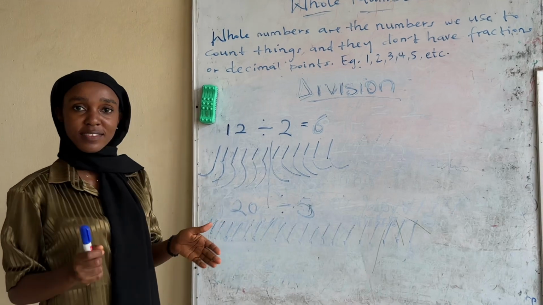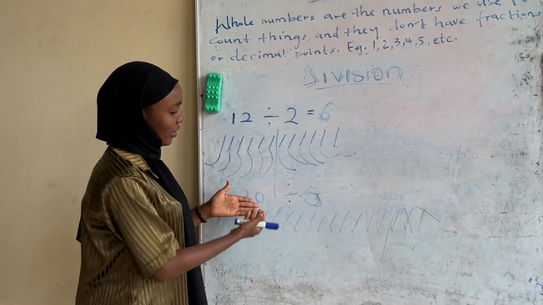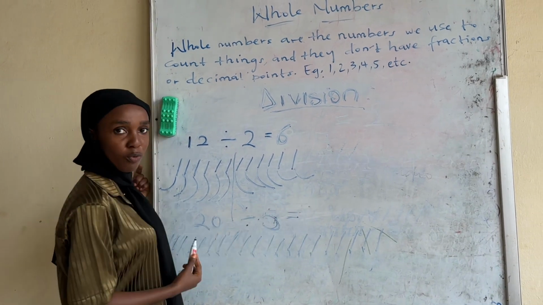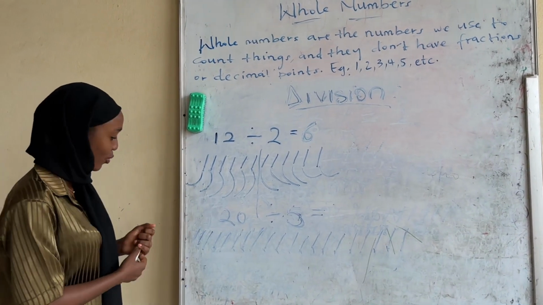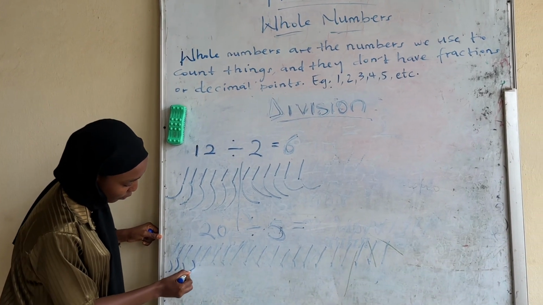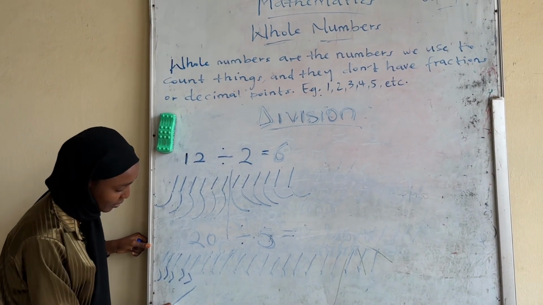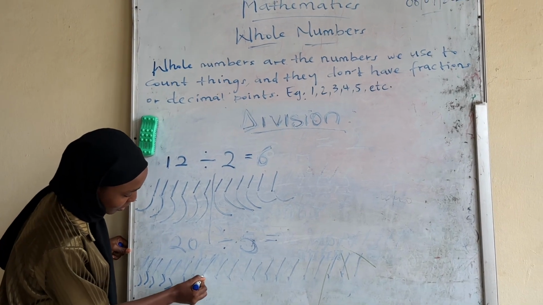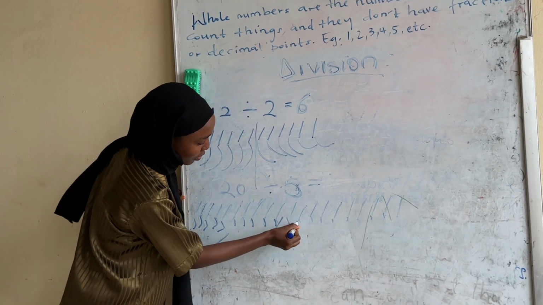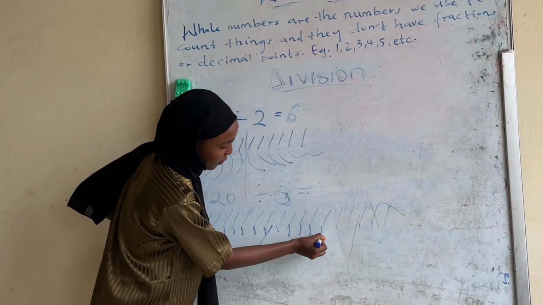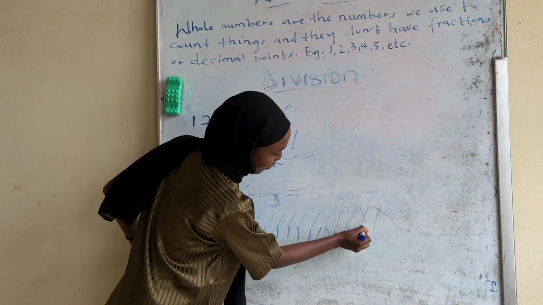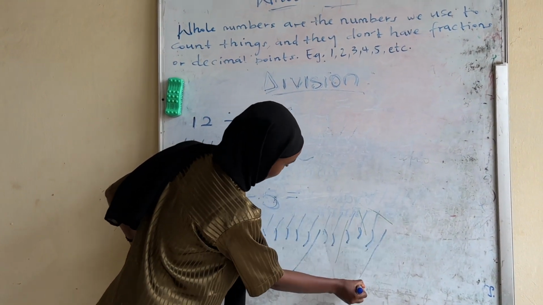Our next example is 20 divided by 5. So we want to know how many strokes 5 people would get from the 20 strokes. Let's count. 1, 2, 3, 4, 5 for one person. 1, 2, 3, 4, 5 for two persons. 1, 2, 3, 4, 5 for the third person. 1, 2, 3, 4, 5 for the fourth person.